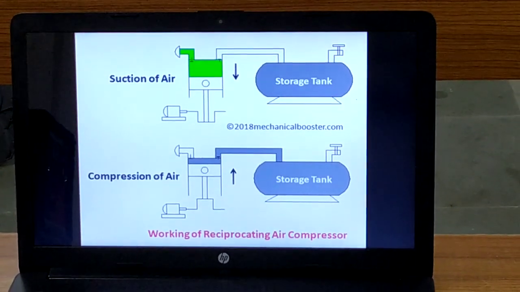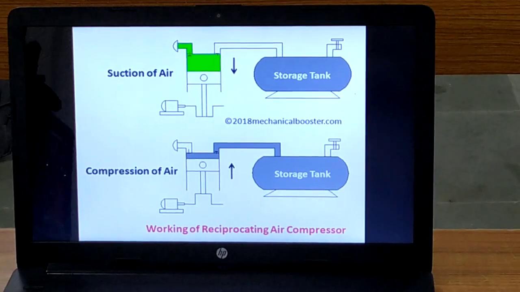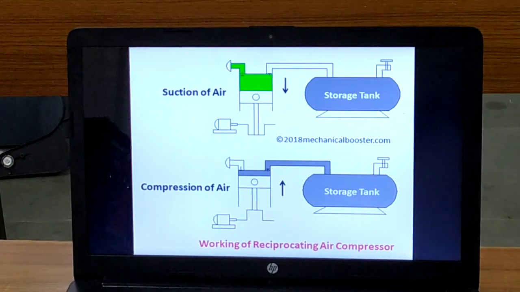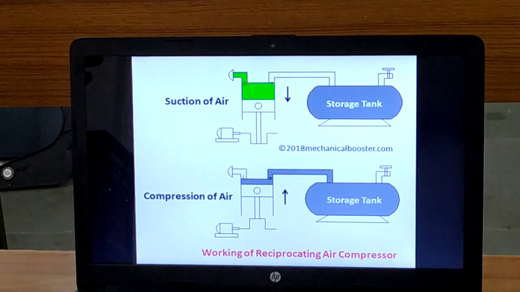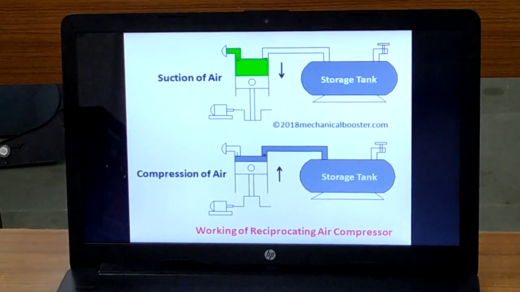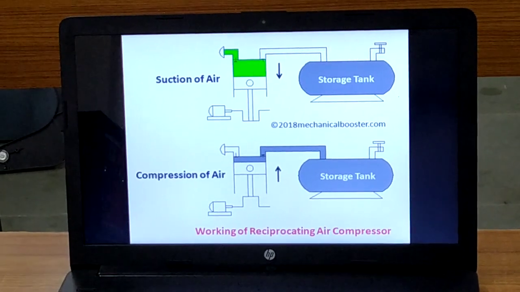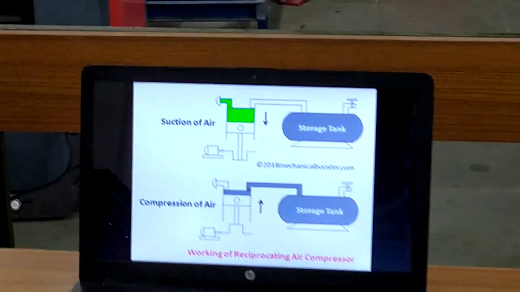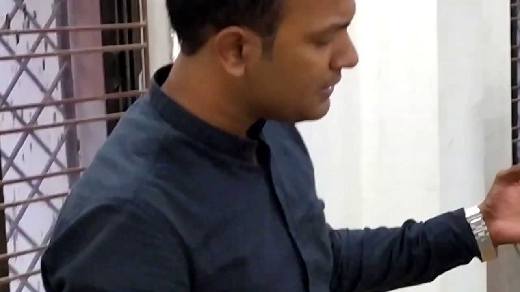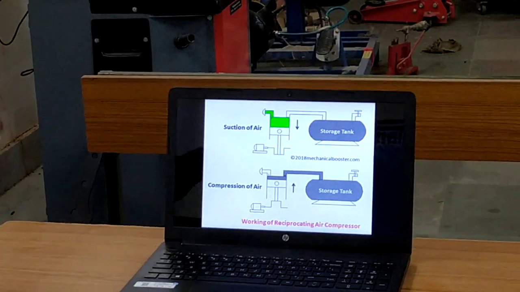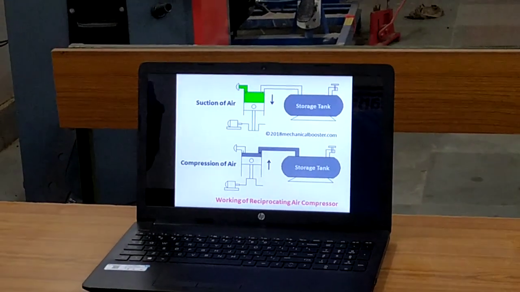Previously we learned about two types of systems, pneumatic and hydraulic. In hydraulics there are applications in bulldozers, different braking systems, and suspension systems.